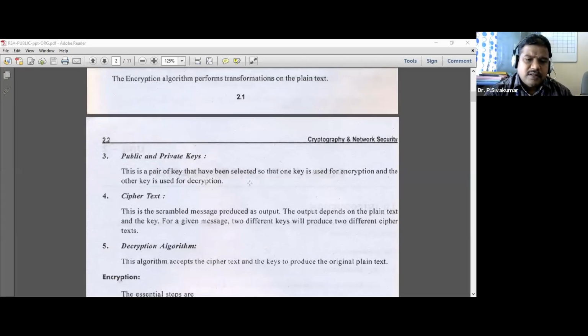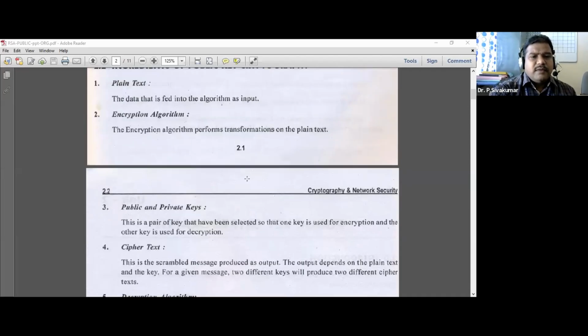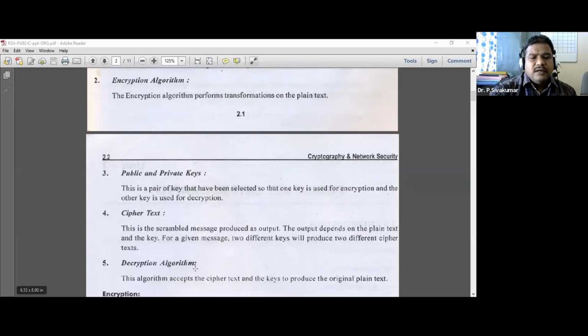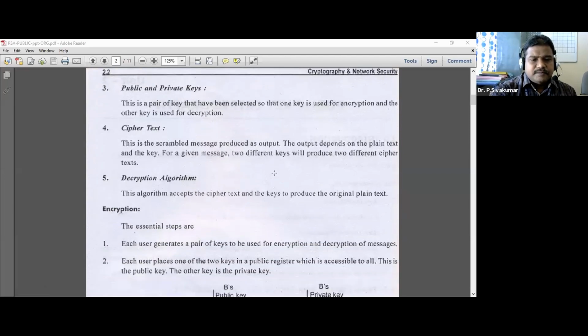The decryption algorithm accepts the ciphertext and key as input and produces the original plain text on the receiver side. These are the five major components or ingredients in public key cryptography: plain text, encryption algorithm, keys (public and private), ciphertext, and decryption algorithm.